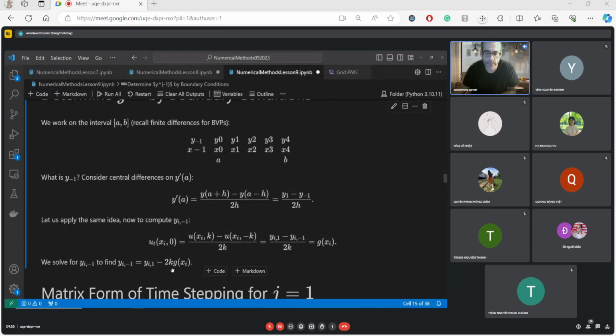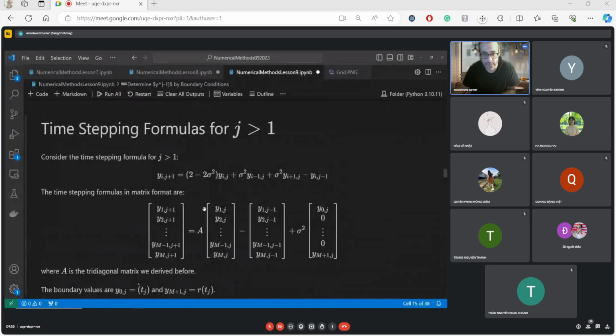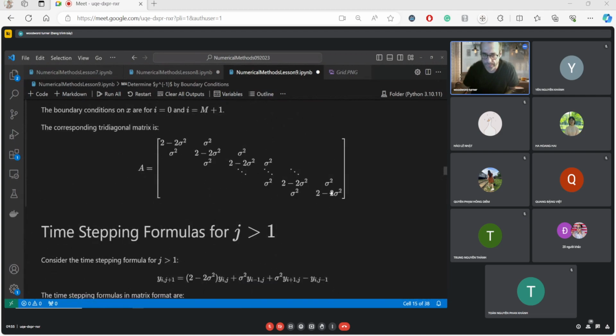So look at what this vector is. Again, in the first variable, we have y sub 1, y sub 2, all the way down to y sub m minus 1, y sub m. And the second variable is j, right? So we're taking the matrix and multiplying it by the previous time step, trying to get the next time step when j is bigger than 1. So we take a matrix, multiply it by the previous time step, and then we subtract something.